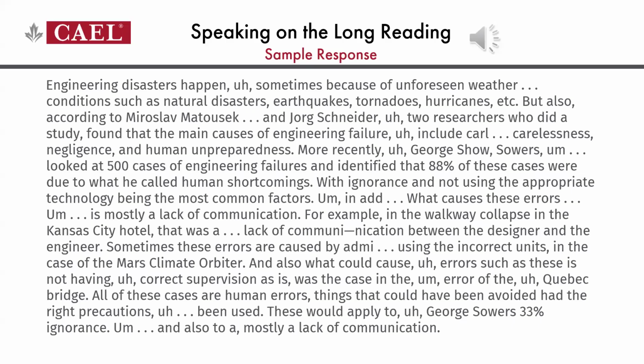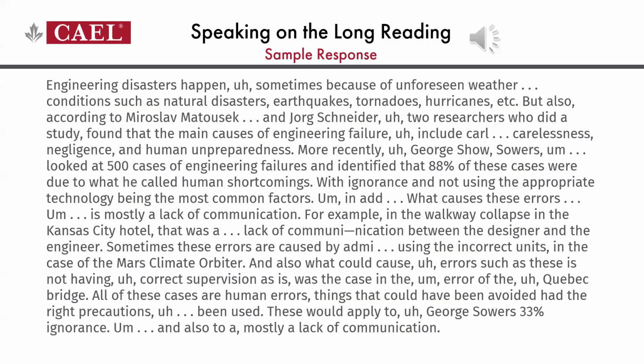More recently, George Sowers looked at 500 cases of engineering failures and identified that 88% of these cases were due to what he called human shortcomings, with ignorance and not using the appropriate technology being the most common factors.